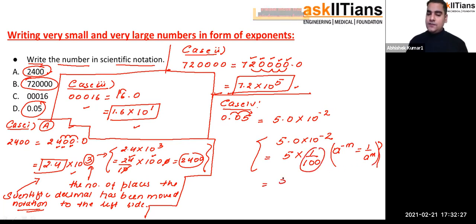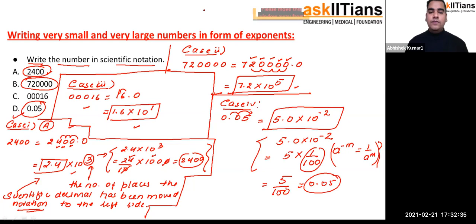This is the same as 5 over 100, and 5 over 100 is nothing but 0.05. So this value that we got here is exactly the same as what we were provided in the problem. But this form that we have got after the simplification is the standard or the scientific form of the given number. I hope it's very clear to all of you.